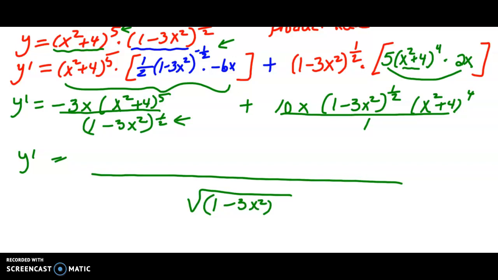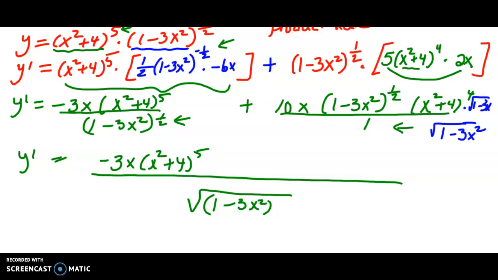So I don't have to do anything to the first function. It stays as is. But I need to multiply this denominator by this radical. And when you multiply the denominator by that radical, so I'm going to multiply it by 1 minus 3x squared, you notice that you're going to also multiply the top as well.